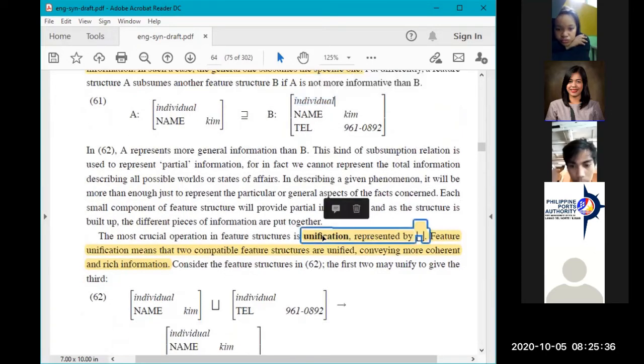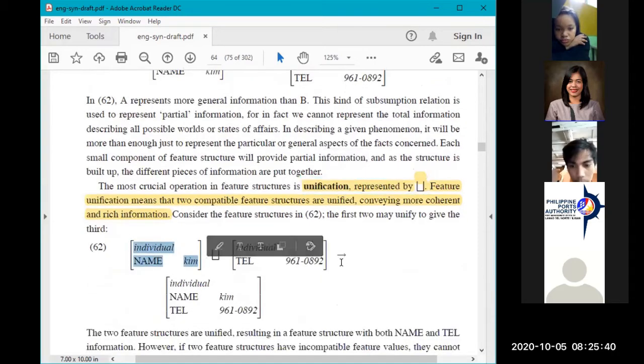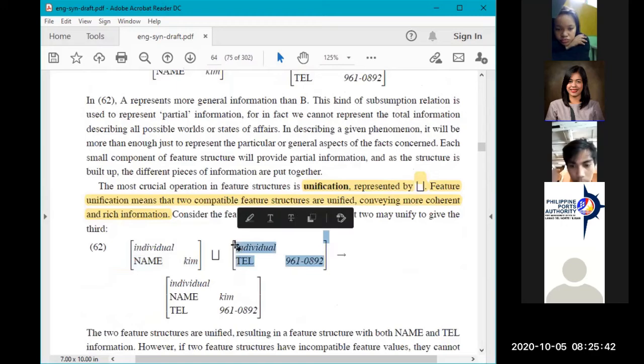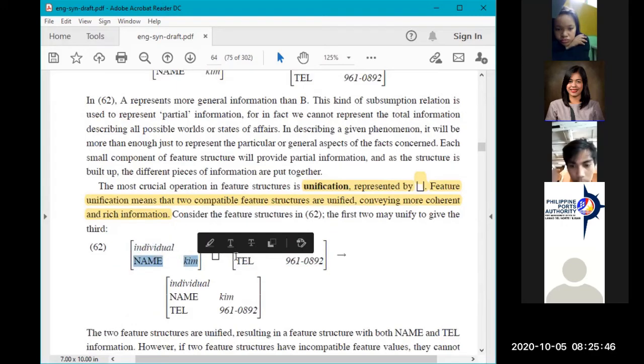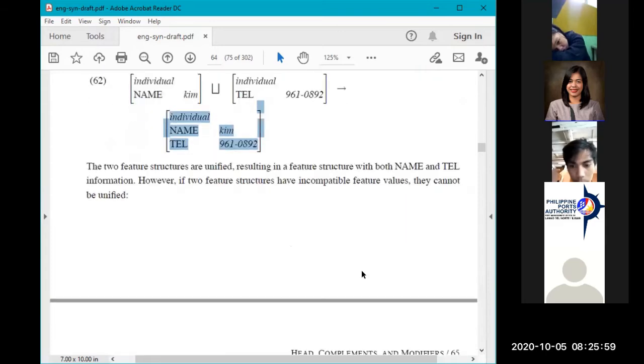We also have the notion of unification. For example, this feature and this feature have the same value or attribute with the typed individual. So they can be unified, or they can be added together to form this bigger, unified feature structure.